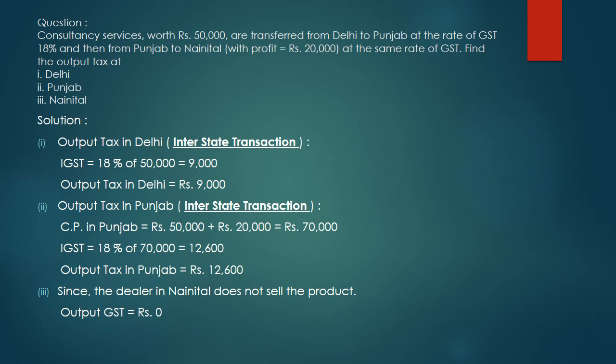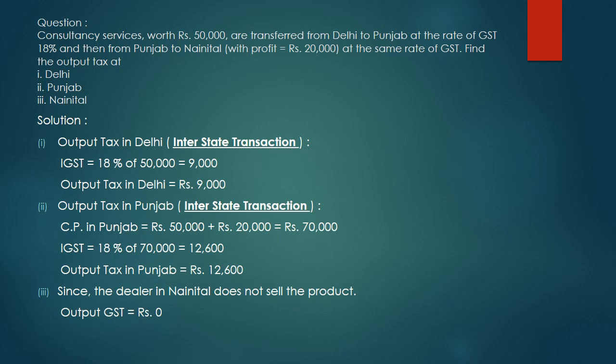Here, one more question. Consultancy services worth rupees 50,000 are transferred from Delhi to Punjab at a rate of GST 18% and then from Punjab to Nainital with profit rupees 20,000.